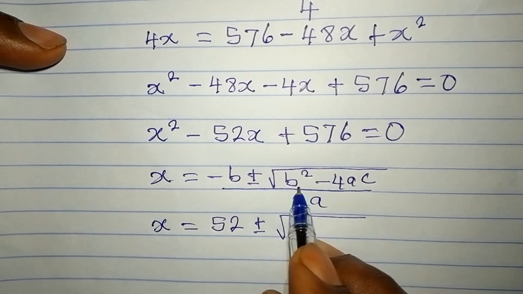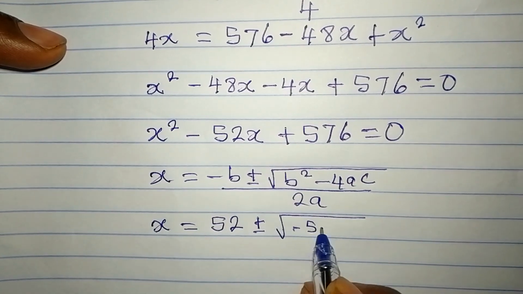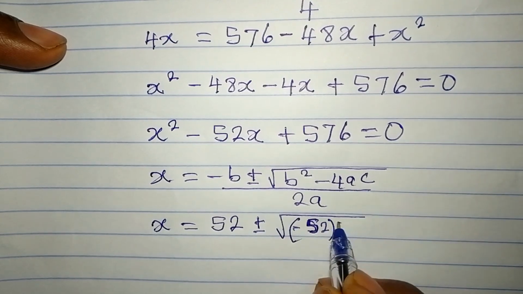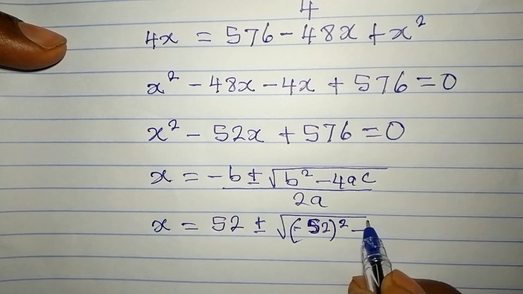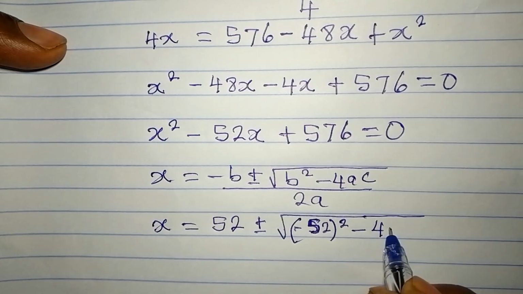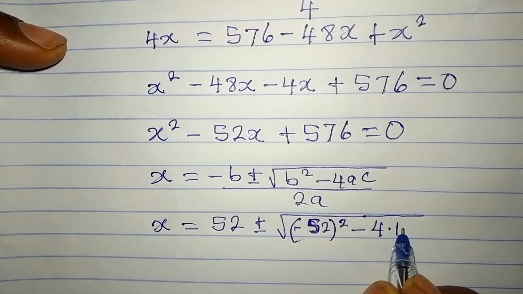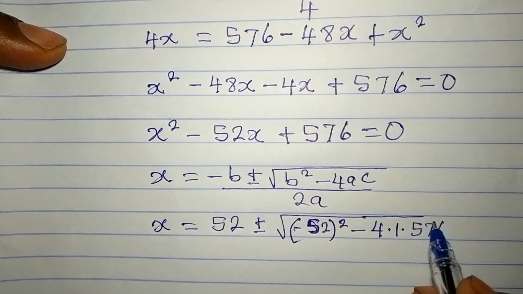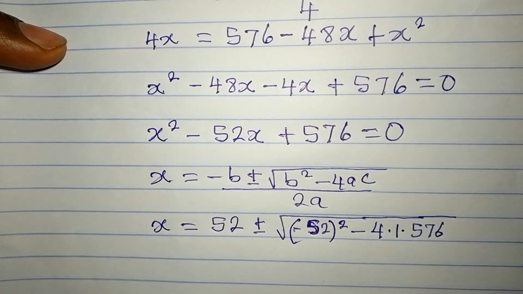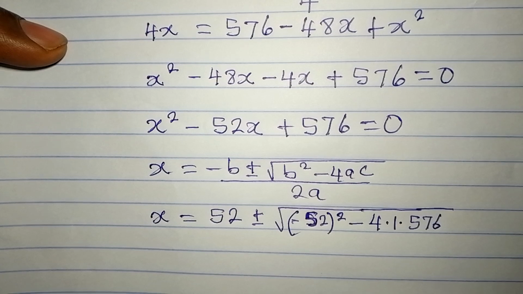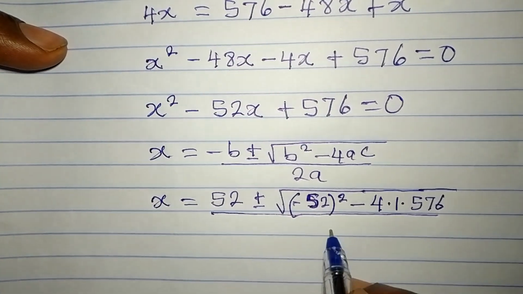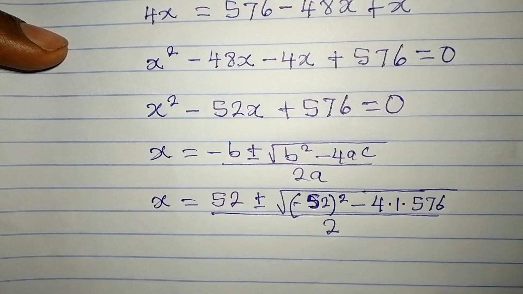Then I have b, which is negative 52, to the power of 2 minus 4 multiplied by 1, because a is 1, then multiplied by c. Our c is 576. So this is going to be large numbers. Whatever we have, we divide by 2 times 1, and that will still give 2.